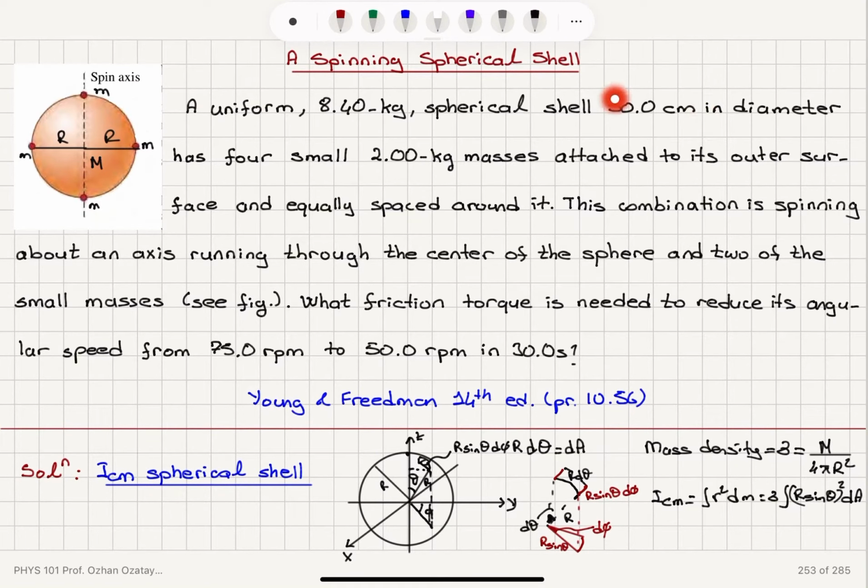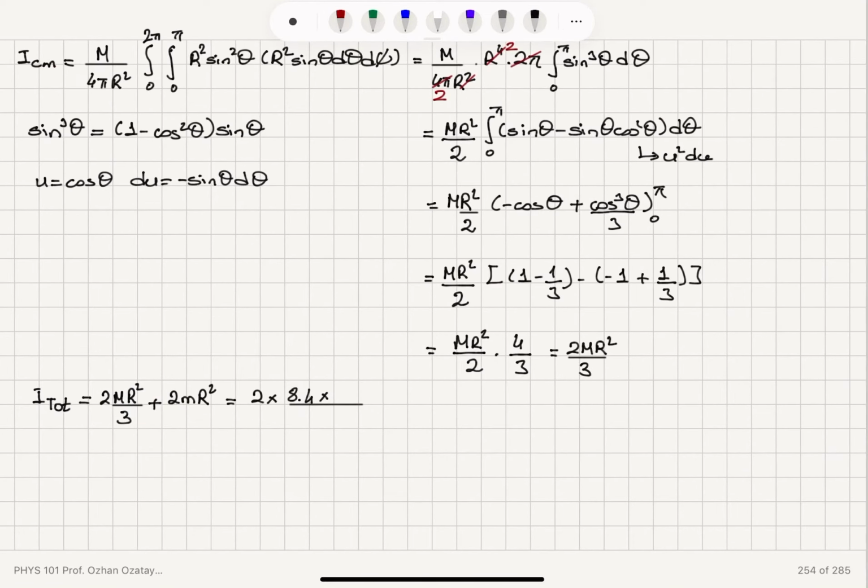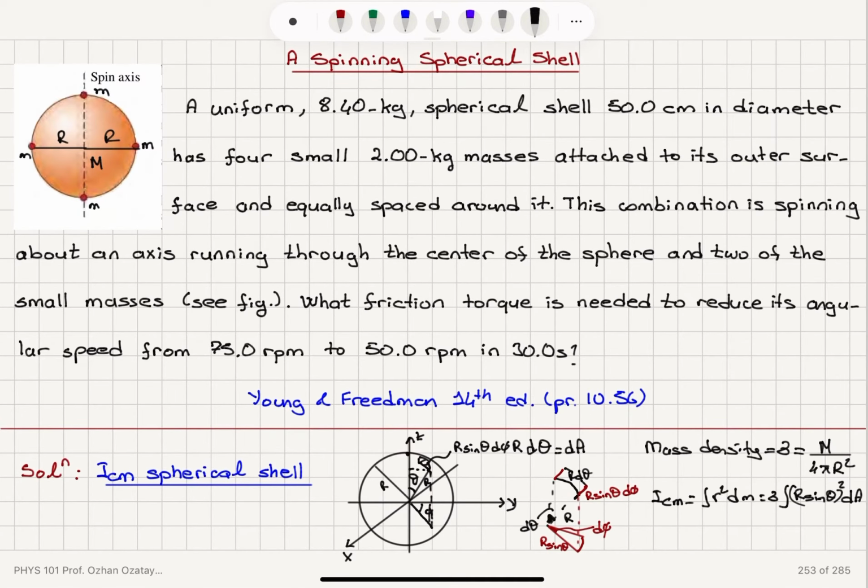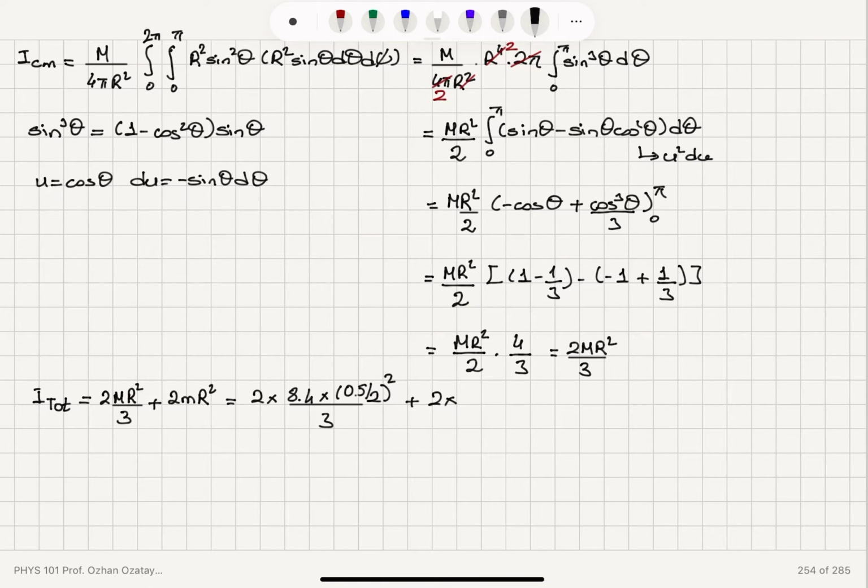What is the radius? It's 50 centimeters in diameter, so 25 centimeters radius. So 0.5 meters over 2, that's the radius, squared divided by 3, plus 2 times, these are 2 kilogram masses, 4 small 2 kilogram masses, 2 times 2 times capital R squared, which is 0.5 over 2 squared.